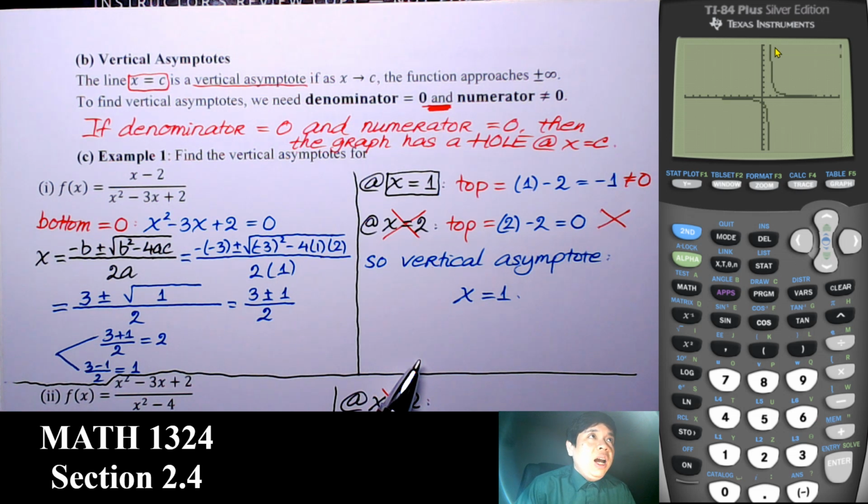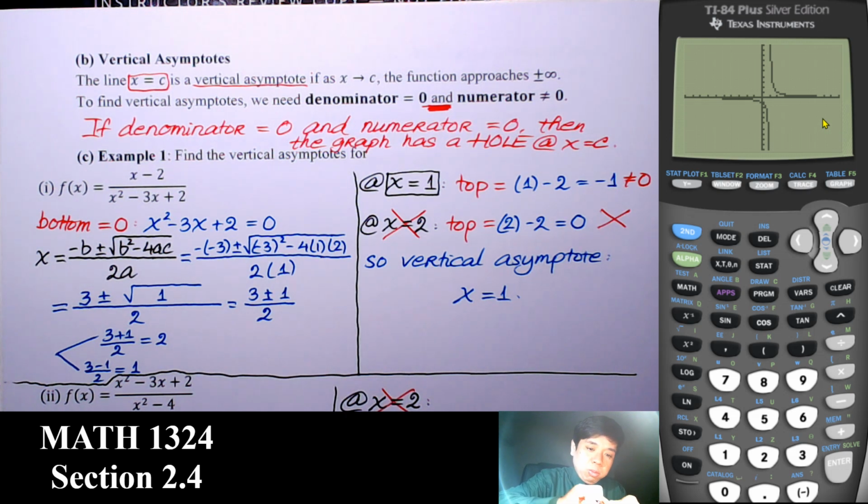As you see, at 1 there is the vertical asymptote. They break at 1. But at 2, you don't see anything here. Actually, the graph just looks normal there. But what actually occurs is an empty point, a hole there.